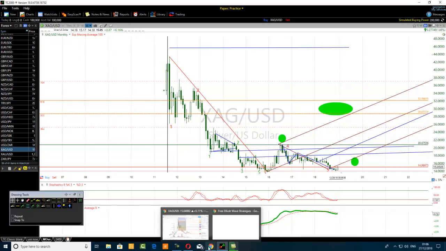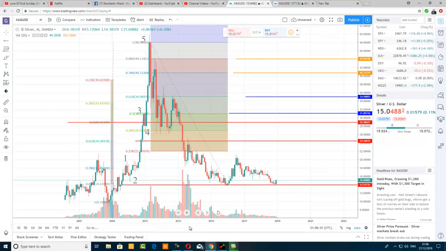That's why I subscribed to TradingView, but I'm still subscribing to TC2000. I like TC2000 more, but apparently TradingView has more data for gold and silver. Traders have been asking me for months, for years, that I should analyze gold and silver and other precious metals. This is what I'm doing here.